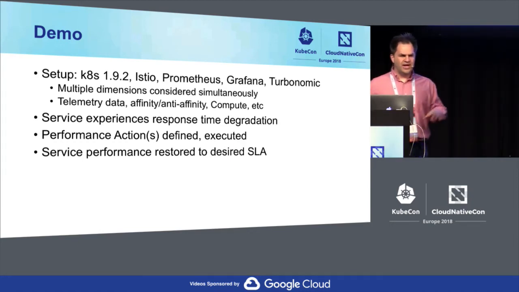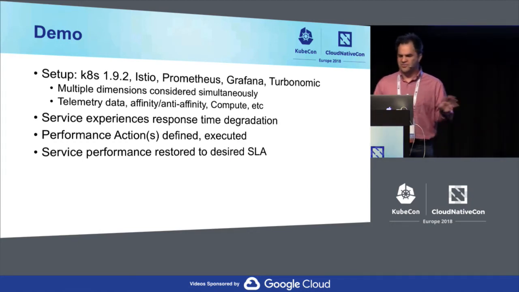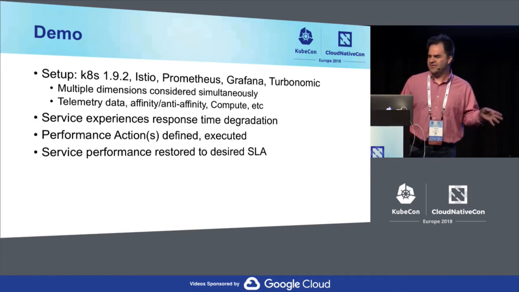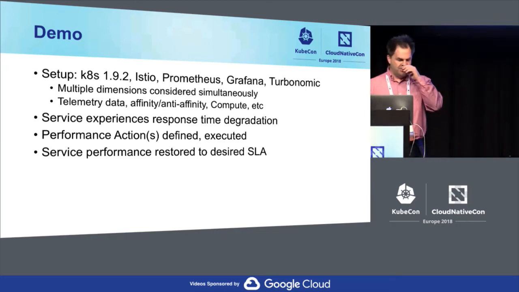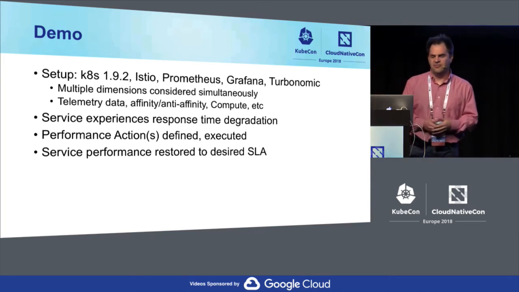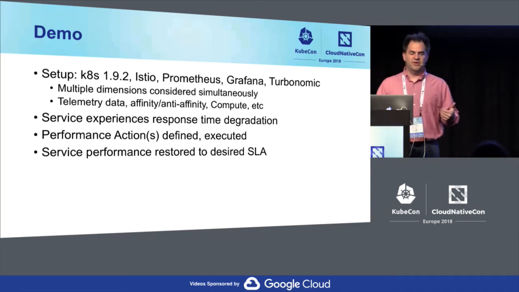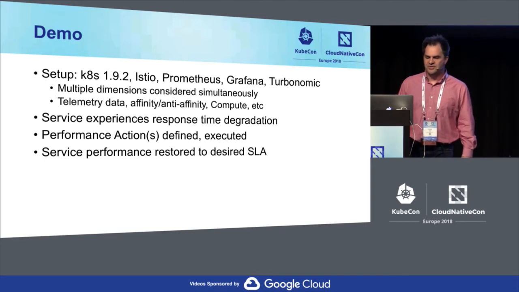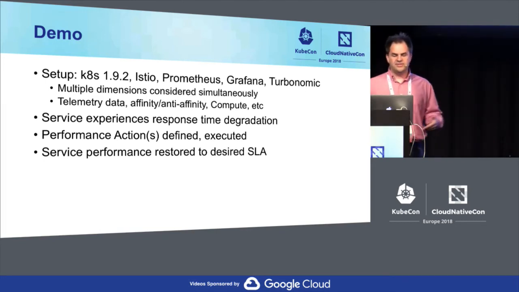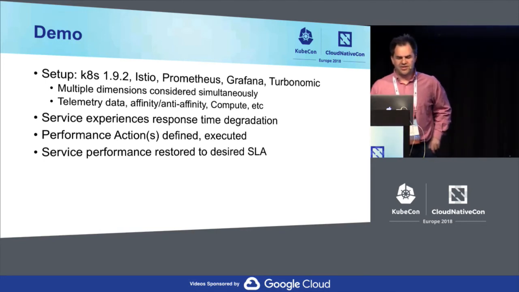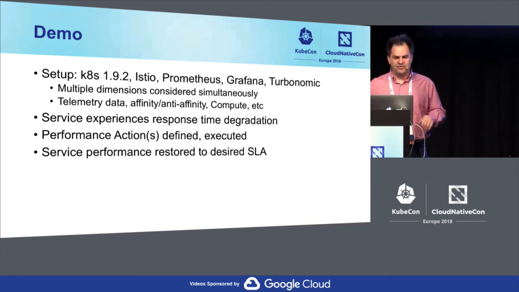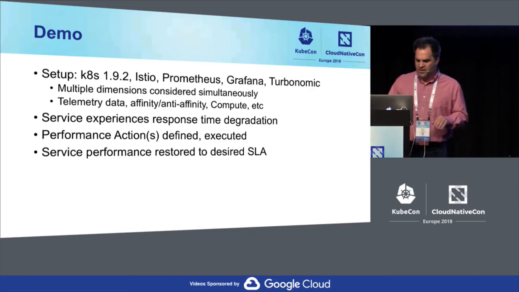So we are running several Kubernetes clusters, mostly 1.9, 1.9.2, Istio 0.7.1 with some Prometheus and Grafana, and we are leveraging Turbonomic to manage this complete stack of applications and infrastructure, and effectively preventing application performance degradations.